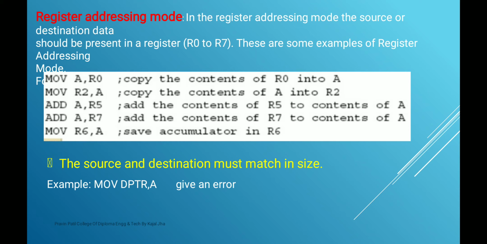That is 4 plus 3, that is 7. So A is loaded with the value 7. Okay, so ADD A, R7 means add the content of R7 to the content of A.